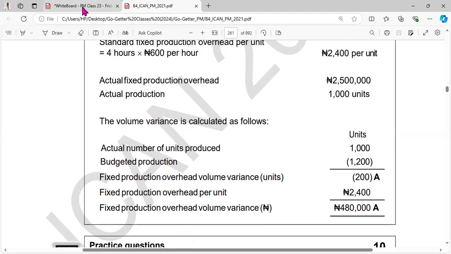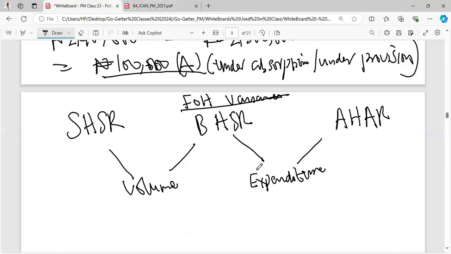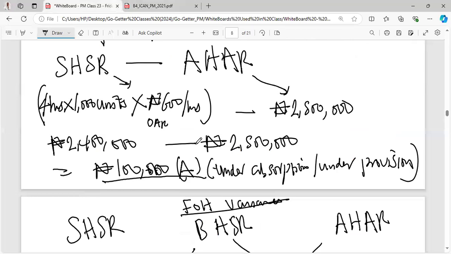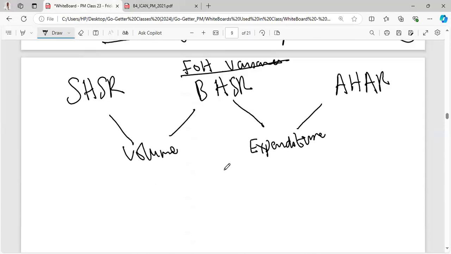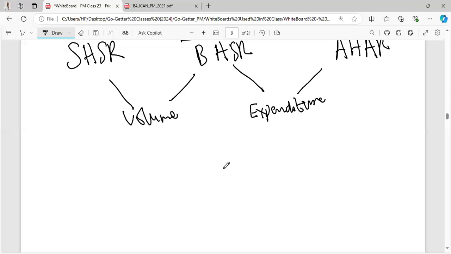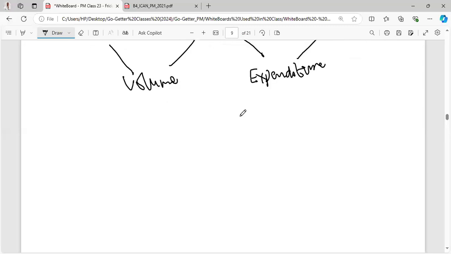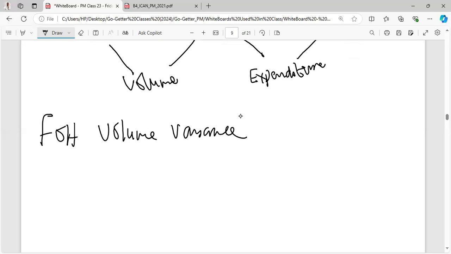So what did we do the last time? Later we amend my formula here. This is the fixed overhead volume variance.